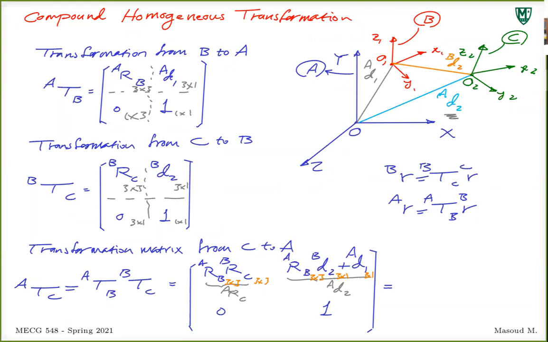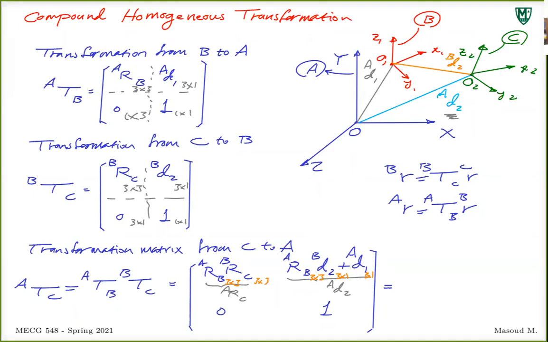The value of this homogeneous transformation, we appreciate more when we have several displacements occurring in succession. Like you have 4 frames and you want to find the coordinate of a point that you know its coordinates in frame 4 or 5, and you want to find it in the global coordinate frame, the fixed frame.